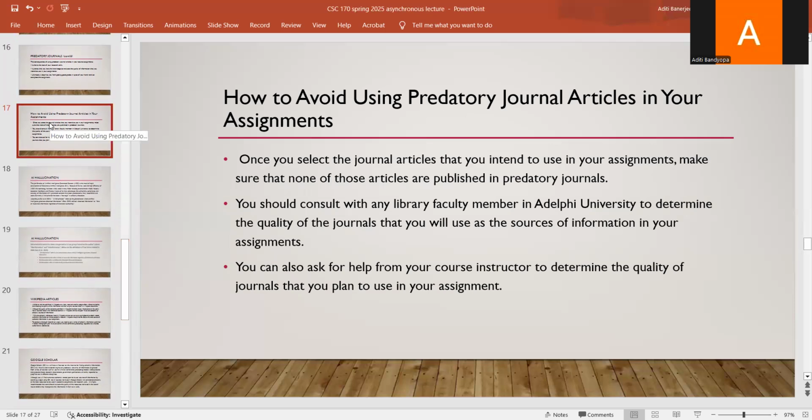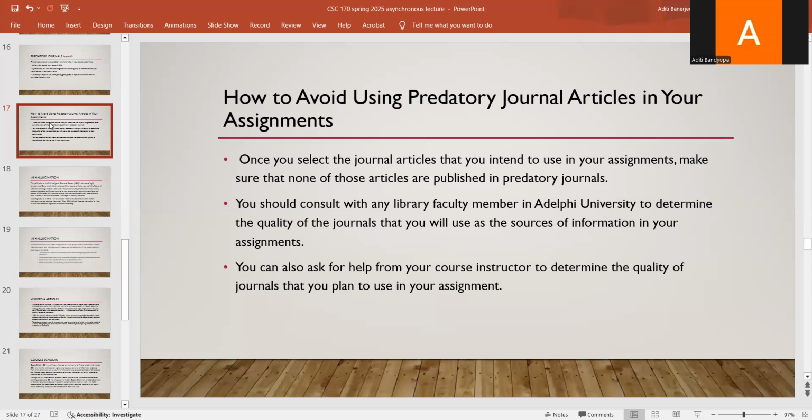I am sure you want to know how to avoid low quality information found in predatory journal articles to use in your assignment. Here are some solutions. Once you select the journal articles that you intend to use in your assignments, make sure that none of those articles are published in predatory journals.